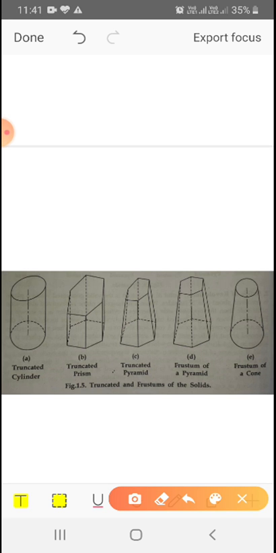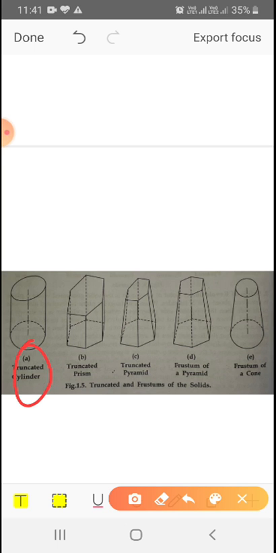Normally the object is kept on the horizontal plane, and a cutting plane cuts the cylinder, prism or cone at an angle. This is called a truncated solid.